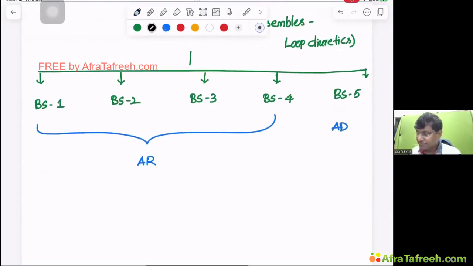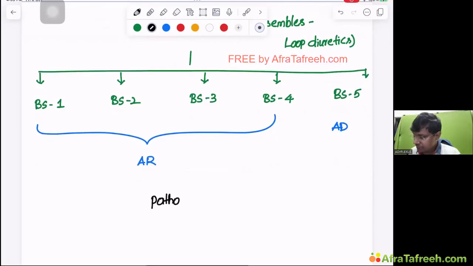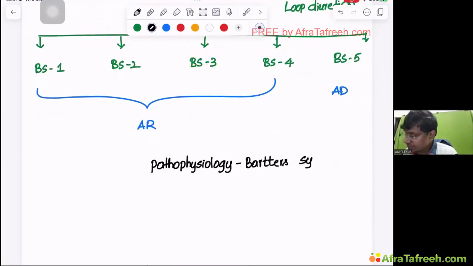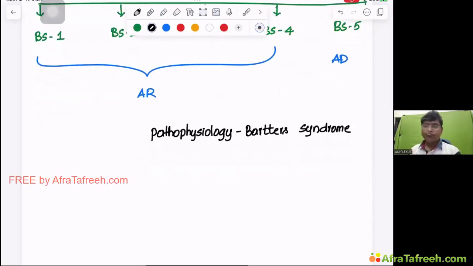Then what is the problem? Pathophysiology in Bartter syndrome.